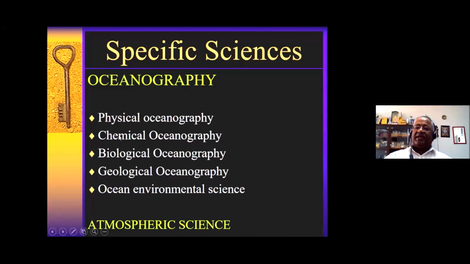Chemical is the chemistry of the ocean. What is the pH value, what is the dissolved oxygen in seawater, like that, the chemical aspects you will learn in chemical oceanography. In biological oceanography, you learn about different life living in the ocean, in the surface water, or the seabed, even below the seabed.